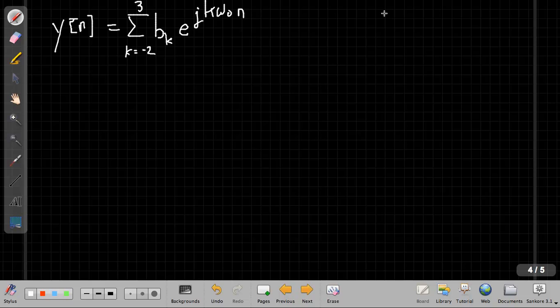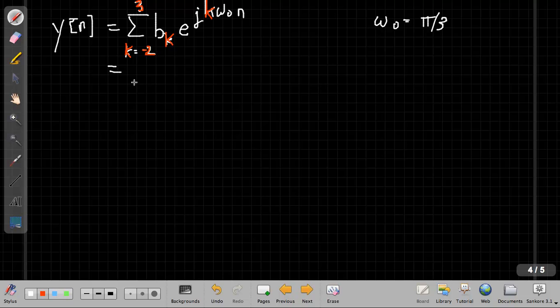And I'm going to remind myself over here, because I'll need it later, that omega naught is pi by 3. But I don't want to plug it in just yet, because it'll turn out to be less to carry around. And so now, if I really want to be consistent with my earlier thing, I remind myself of all the k's everywhere when I'm plugging them in. It's going to be minus 2 to 3. I'm going to plug in the same k down here that I do up here.